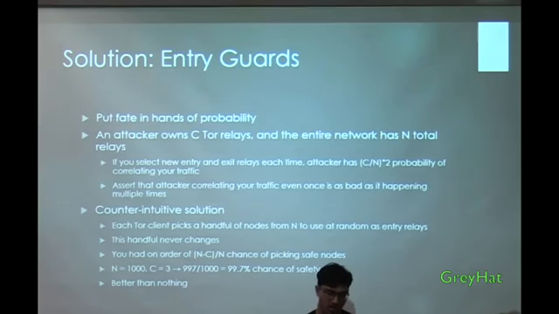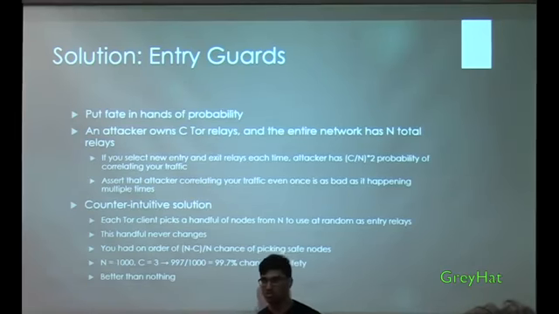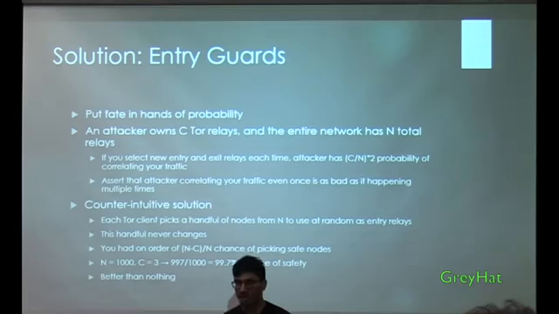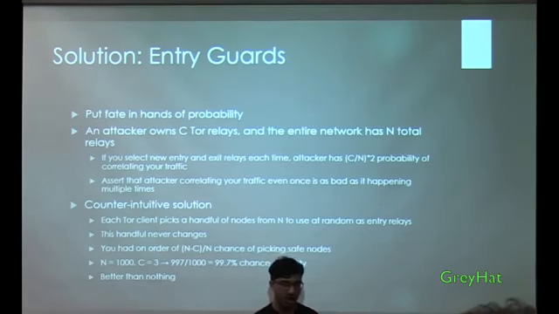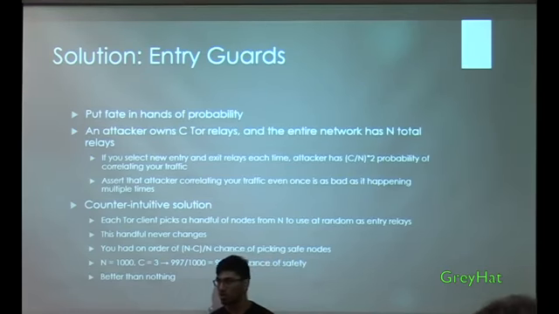The solution is to pick a few random nodes that you're going to connect to and use those as your entry relays, which seems like an obvious thing to do anyway. But if your handful of nodes never changes, then as long as most of them remain non-malicious or not owned by anyone looking to de-anonymize your traffic, then the majority of the time they're not going to be able to de-anonymize your traffic, even if a few of them are compromised.